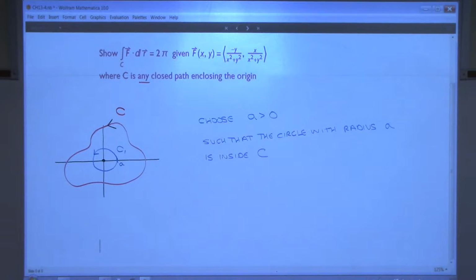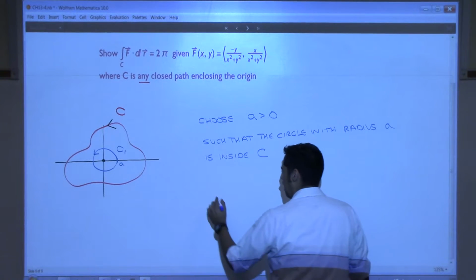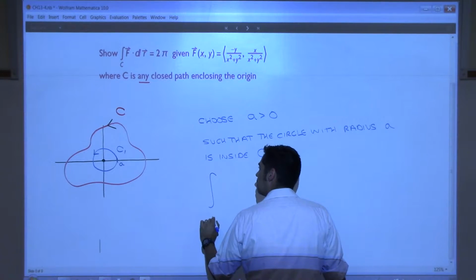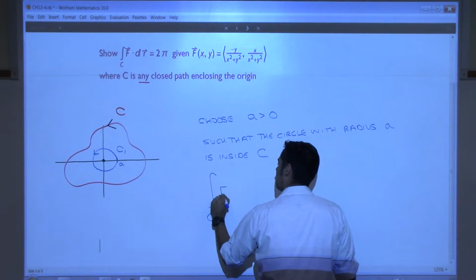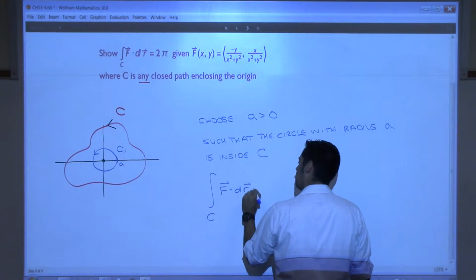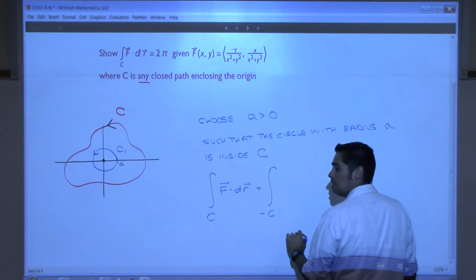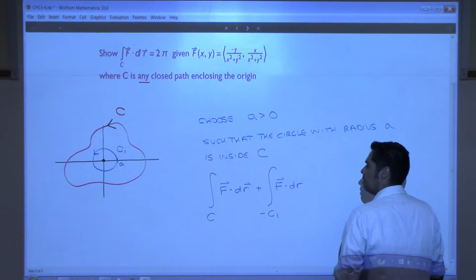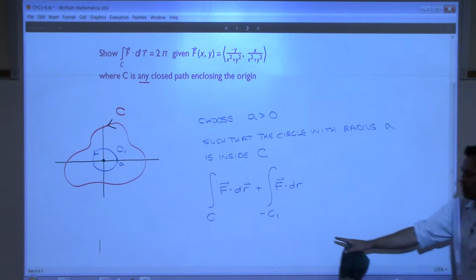What can I do next? Let's talk about what the line integral over C of f dot dr plus the integral over negative C1 of f dot dr would be. I do realize I put a negative here.